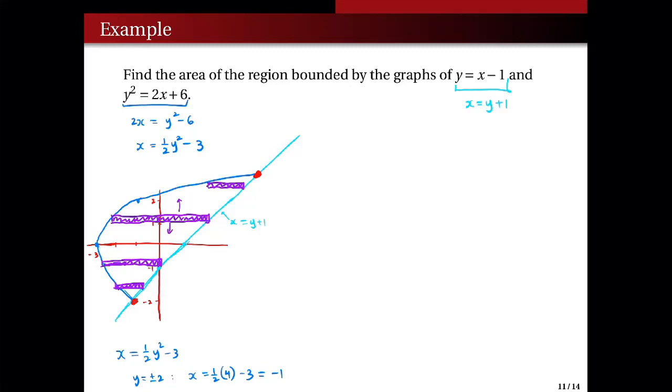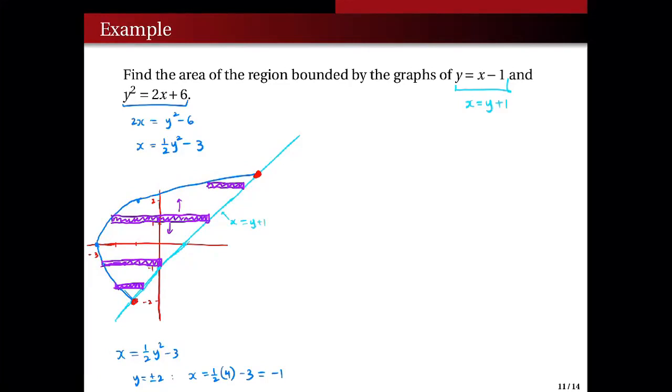The left function is given by this parabola. So right function minus left function.